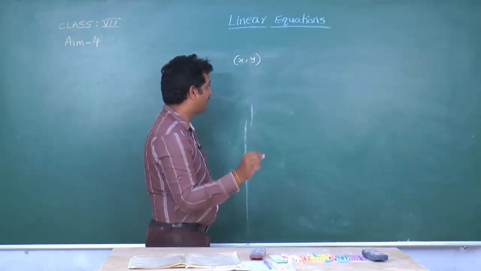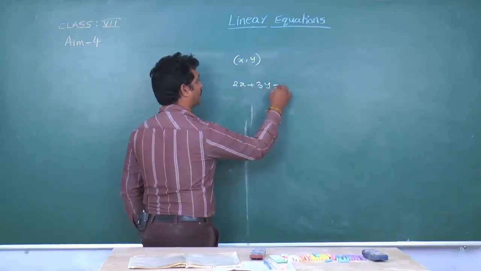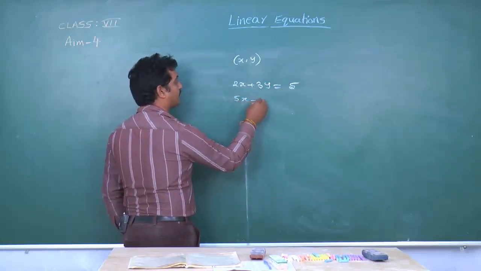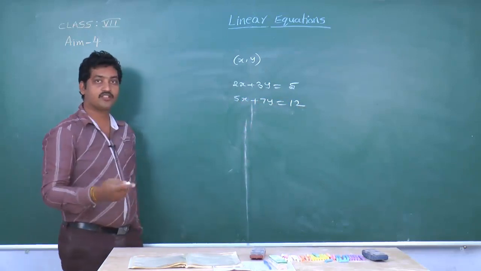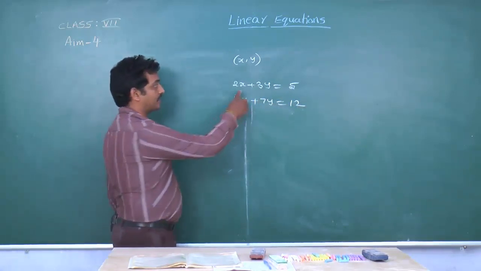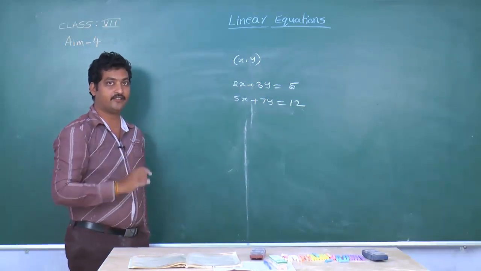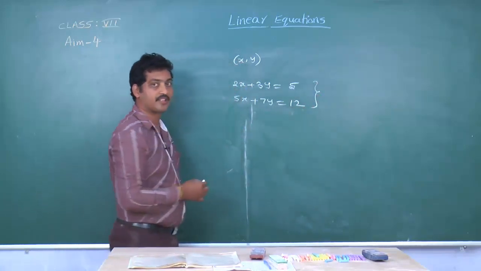Again, I will give an example. Suppose 2x plus 3y is equal to 5, 5x plus 7y is equal to 12. Are these two a system of simultaneous linear equations or not? x, y are the variables in both the equations, so this is a system of simultaneous linear equations.